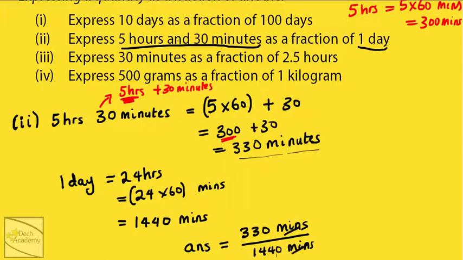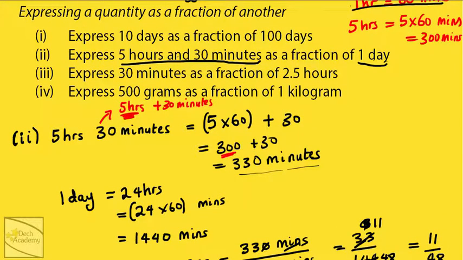So we're left with 330 over 1,440. The 0 cancels the 0. This gives 33 divided by 144. 3 in 33 is 11, and 3 in 144 is 48. So this gives 11 divided by 48.